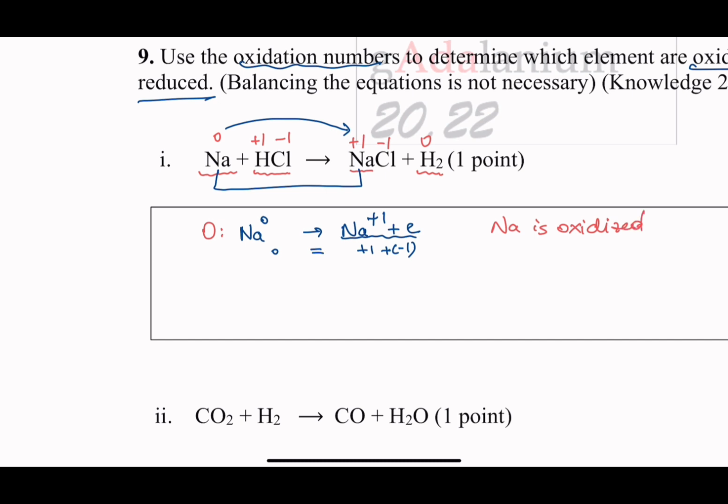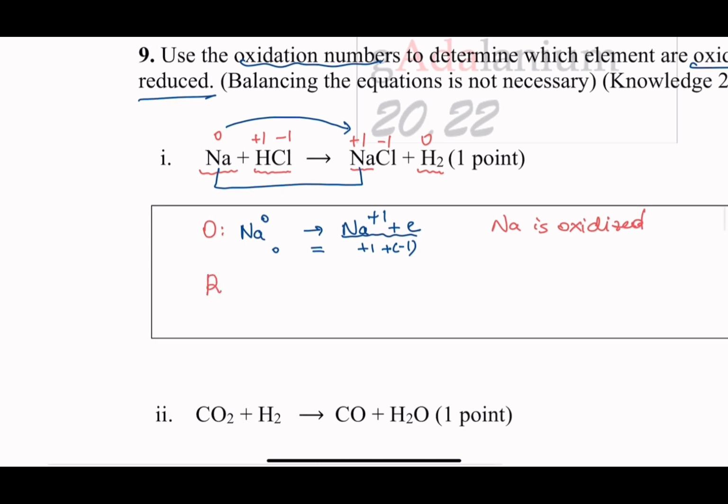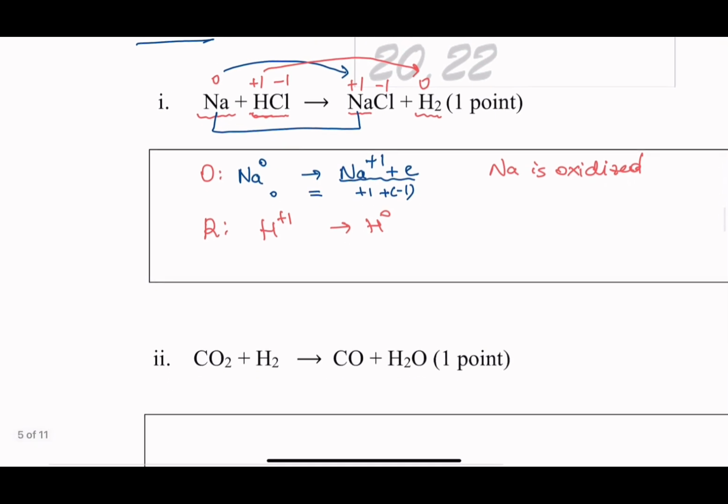Okay, now let's write the half reaction of reduction. Look at where the number went from a higher number to a lower number. As you can see, hydrogen went from higher to lower. So I write down here hydrogen +1 went to hydrogen 0. In order to balance this, let's do the charge balance. I write +1 in here, I have 0 here.